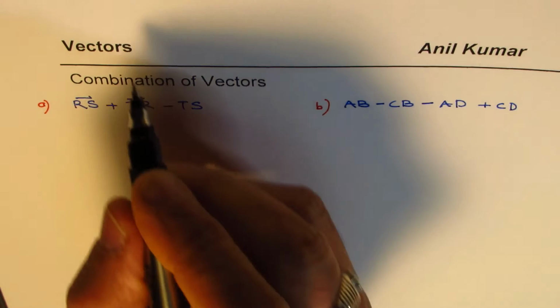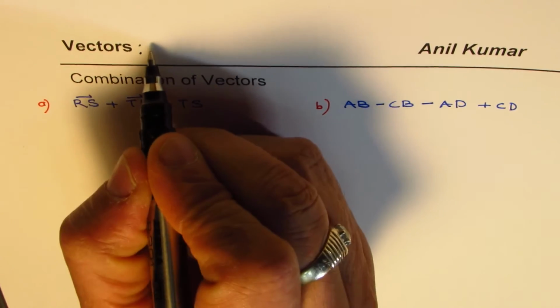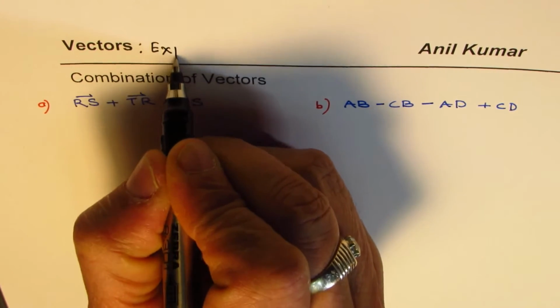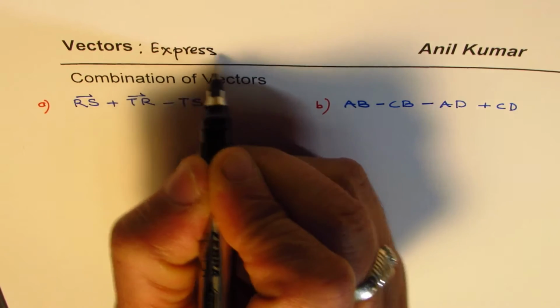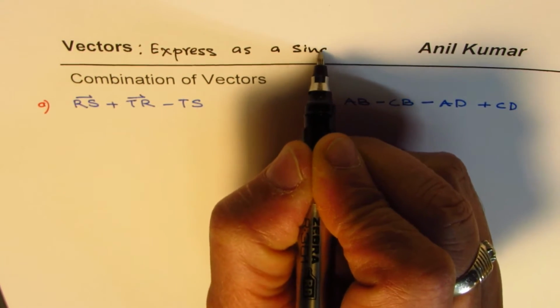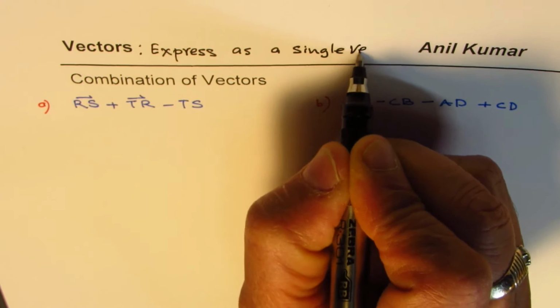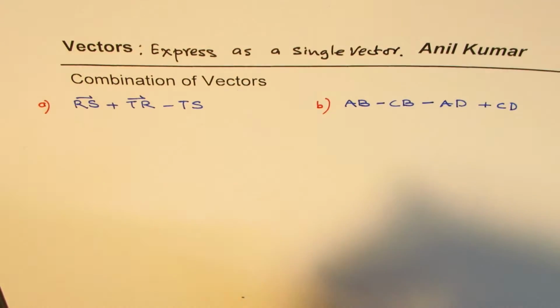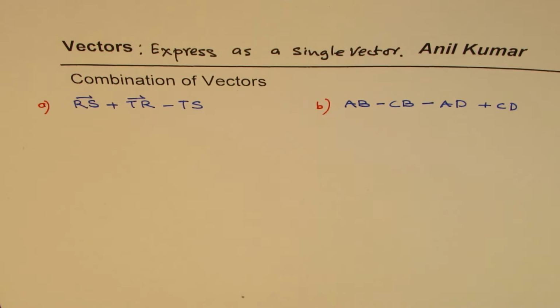So combine them so that we need to express them as a single vector. That's the whole idea, right? So let's do two of these and understand how to solve such questions.